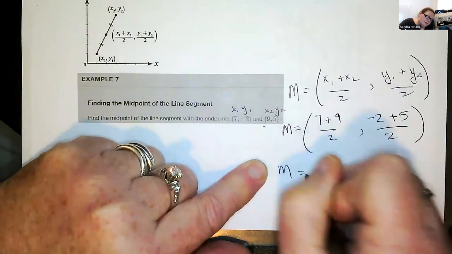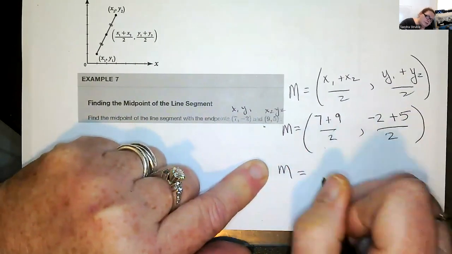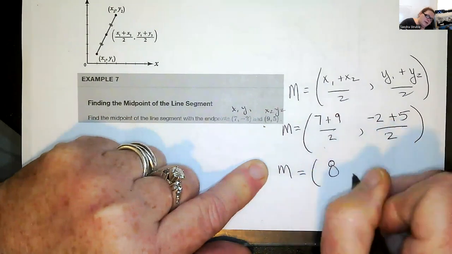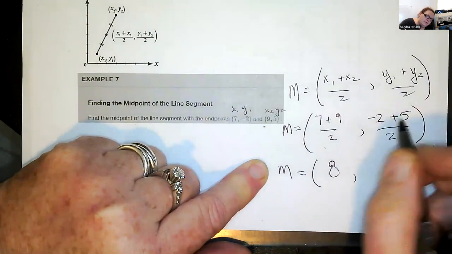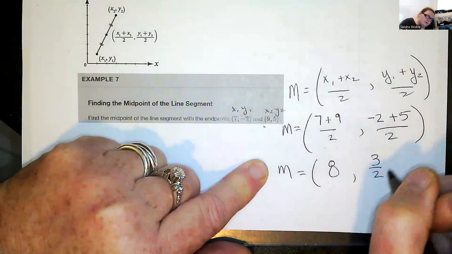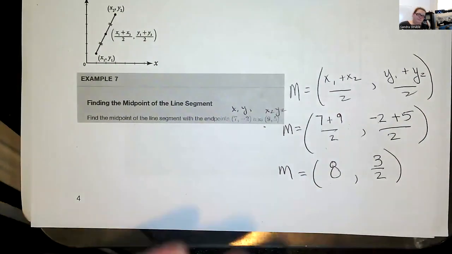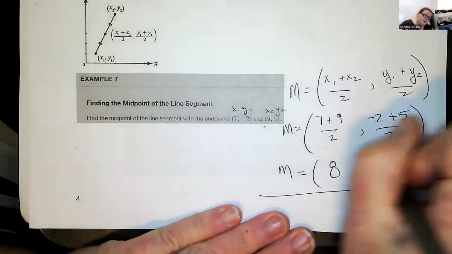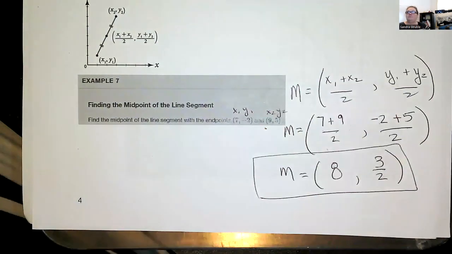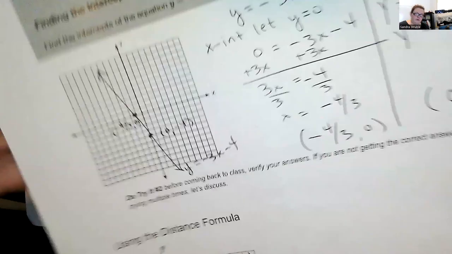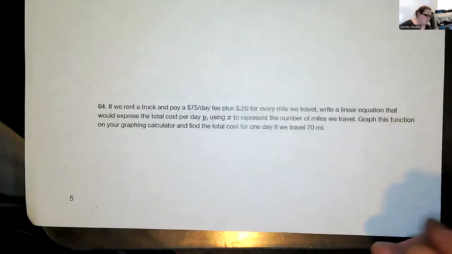So the midpoint is 16 divided by 2, which is 8. And -2 plus 5, which is 3 divided by 2. And there's our midpoint. You could say 1.5. Again, totally your call. It's the same thing. All right. If you have any questions, please ensure you're writing them down and we touch base before you get any further.